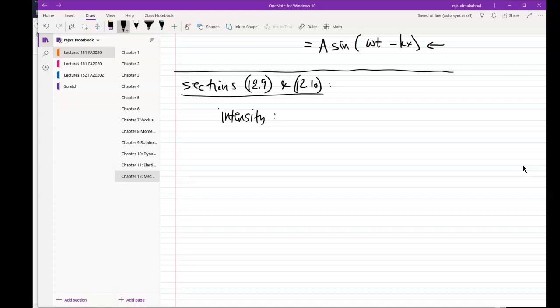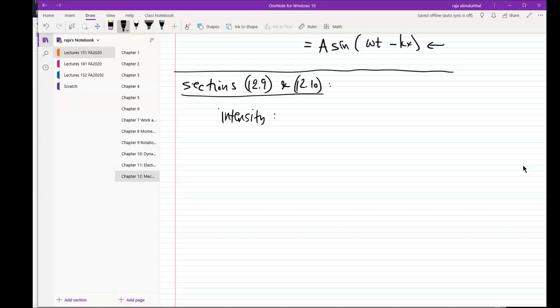If sound is intense, the easiest way to think about it is that it's loud. So intensity gives you a sense of loudness in terms of sound. In terms of light, it gives you a sense of brightness. This is not exactly the definition, but that's one way to think about it. So when you read the words intense sound, it means it's a loud sound.